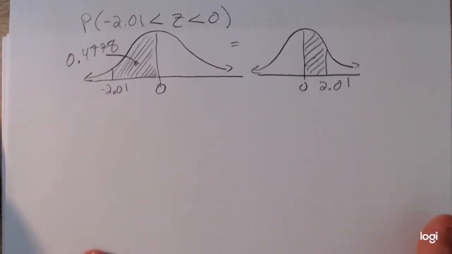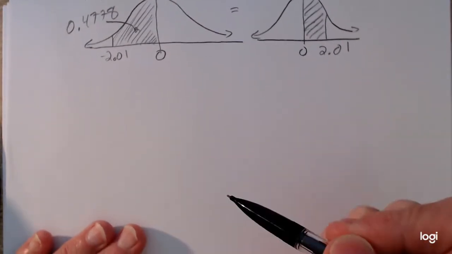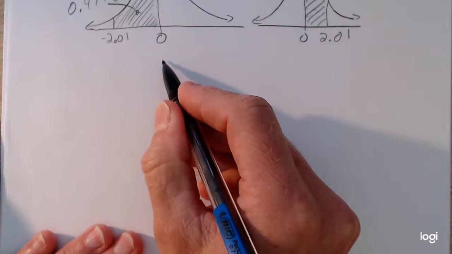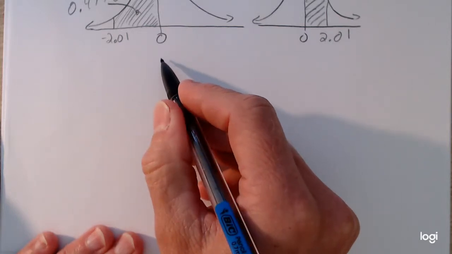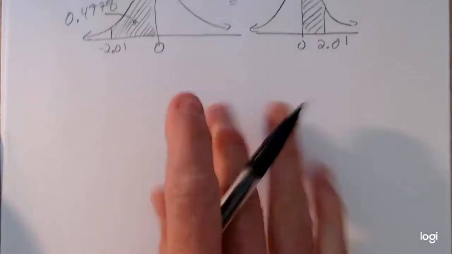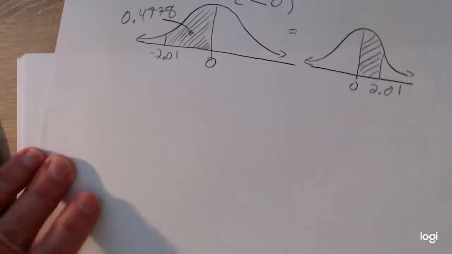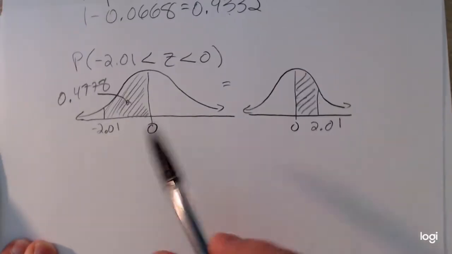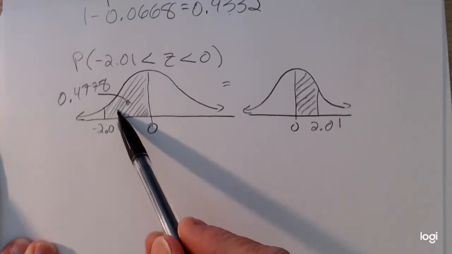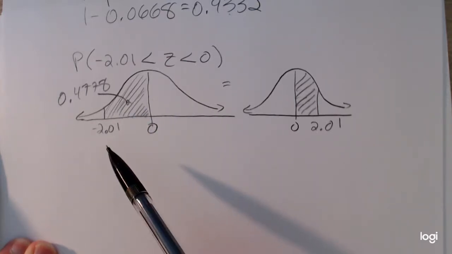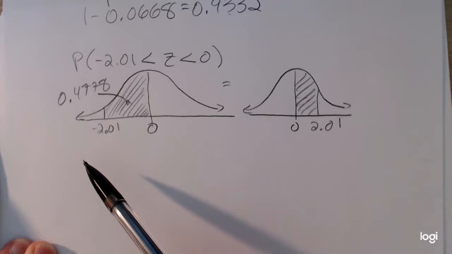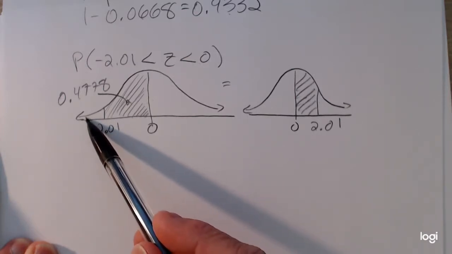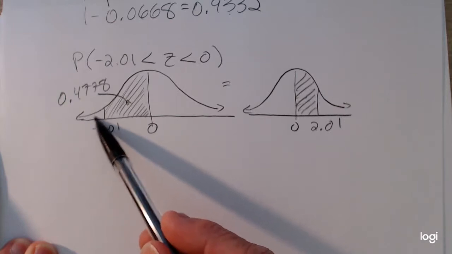You could use the z table that reads from negative infinity up to a z-score by recognizing the fact that when we're finding this area here, the standard normal table that reads from negative infinity up to a z-score is actually going to be reading this area.